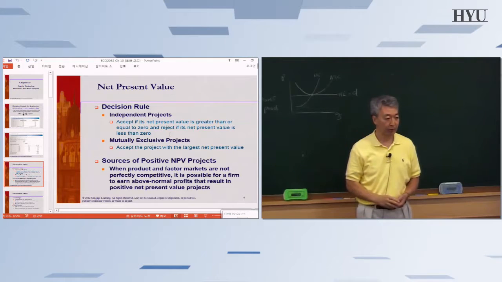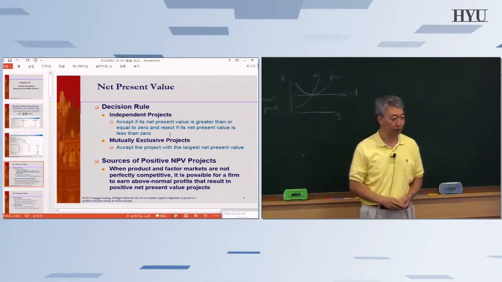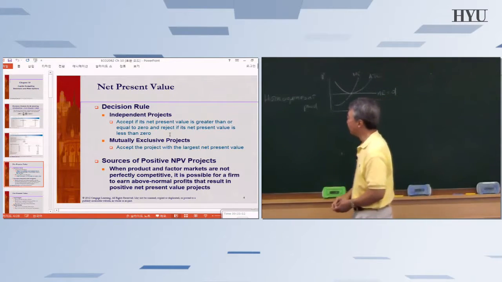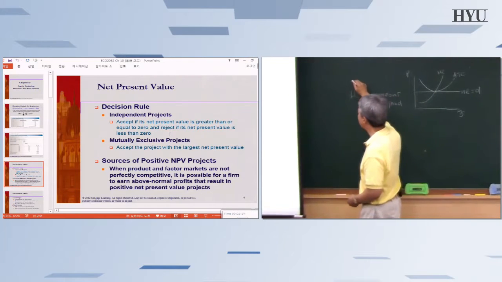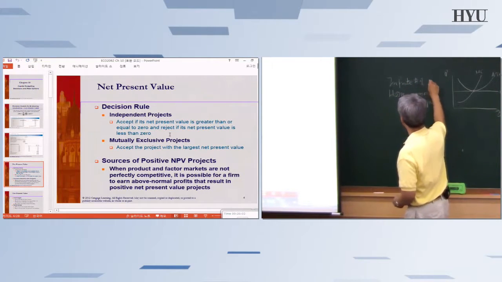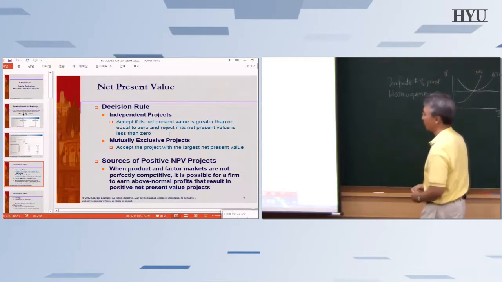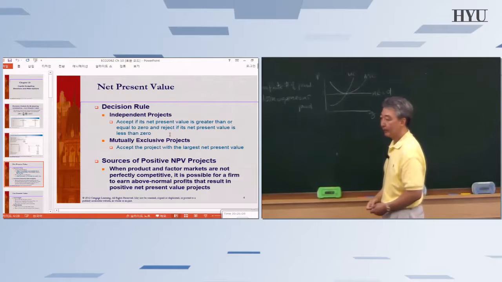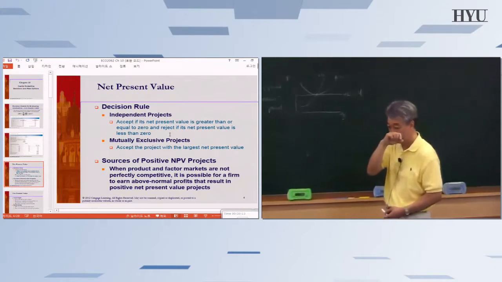And that means there is no reason to advertise, okay? Because consumers have no idea whose product it's yours anyway, right? And that also means infinite number of producers, okay?